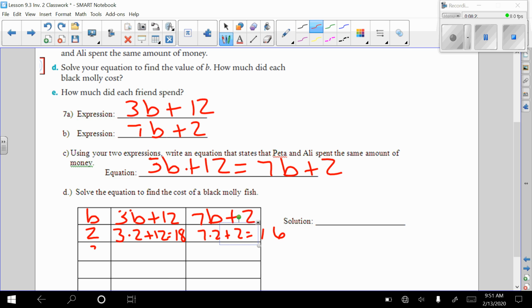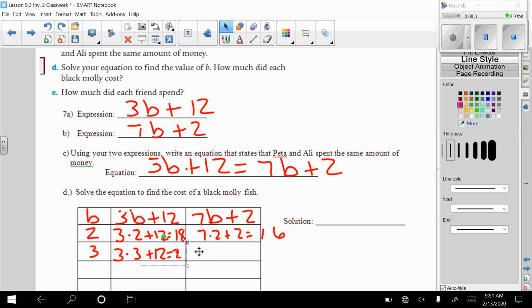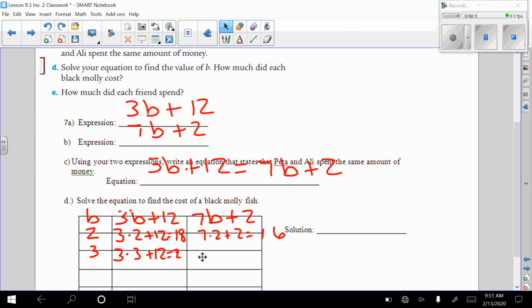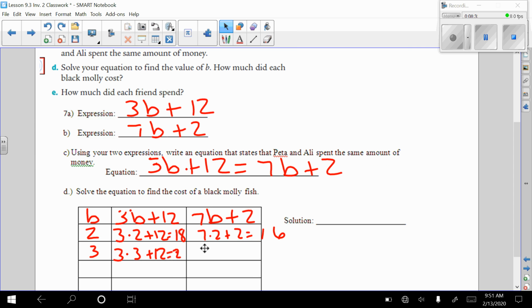So let's try 3. 3 times 3 plus 12 equals, that's 9 plus 12 is 21. And then I have 7 times 3 plus 2, which equals 21 plus 2, which is 23. Well, I'm still 2 numbers apart from each other.